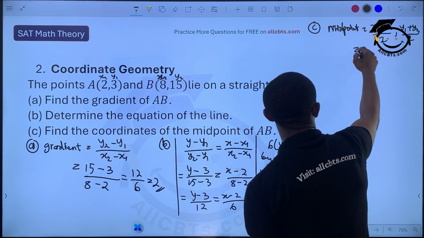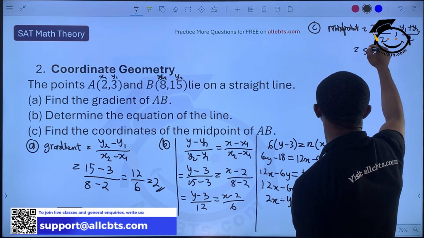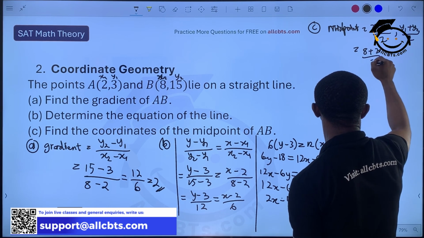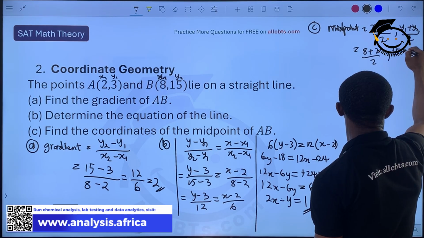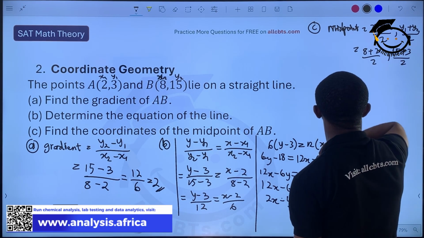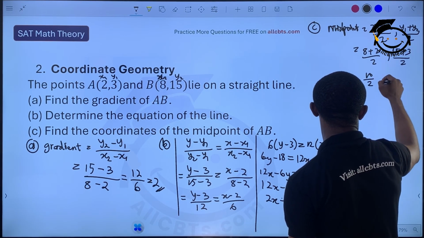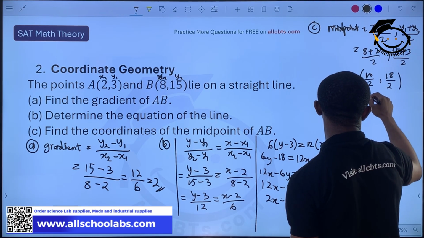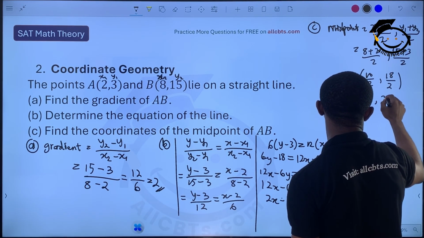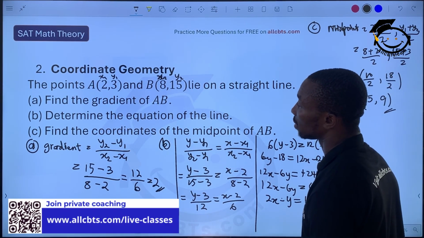So this will give us x1 plus x2 is 8 plus 2 over 2 and 15 plus 3 over 2. So that gives us 10 over 2 and 18 over 2. So the midpoint will be 5 and 9.